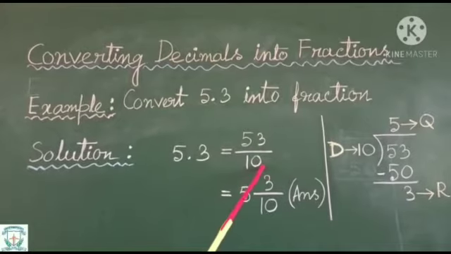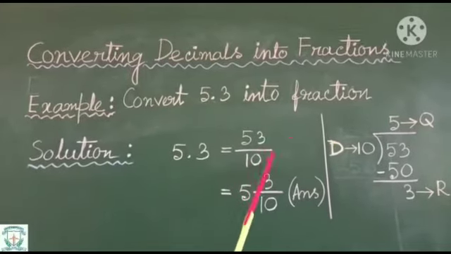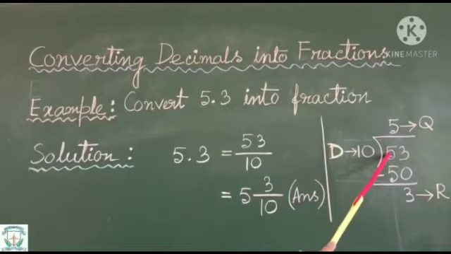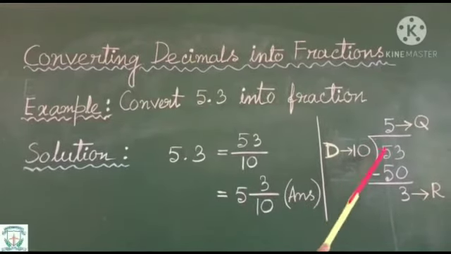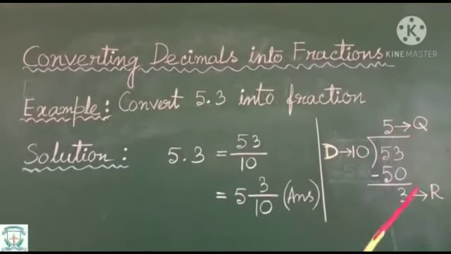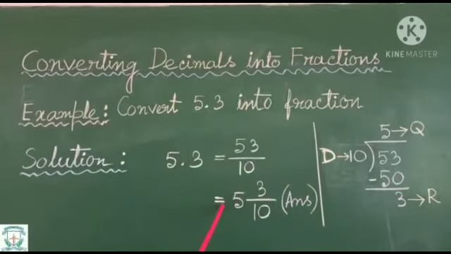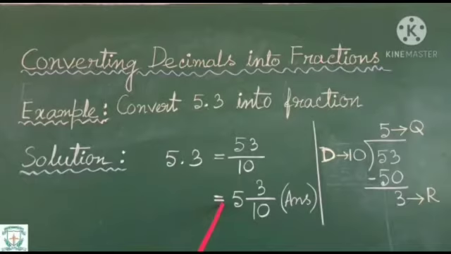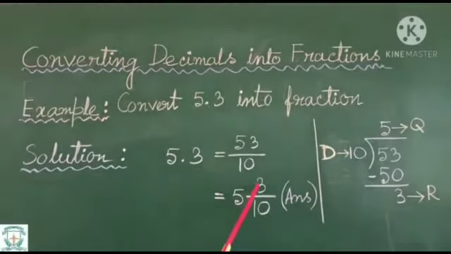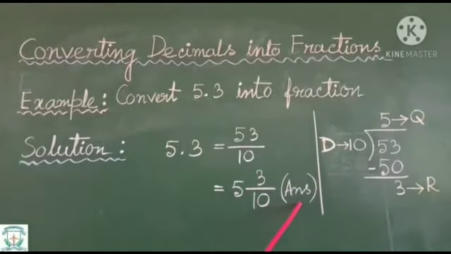To convert 53 by 10 into mixed fraction, divide 53 by 10. We get 5 as the quotient, 3 as the remainder, and 10 as the divisor. Therefore, 5.3 is equal to 5 and 3 by 10, which is the required answer.